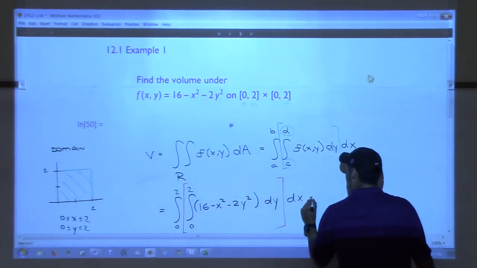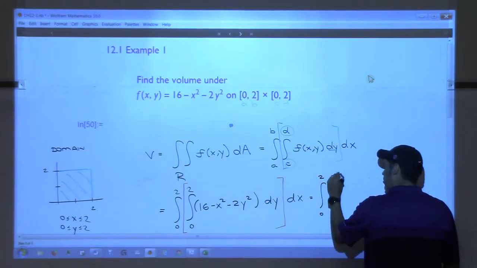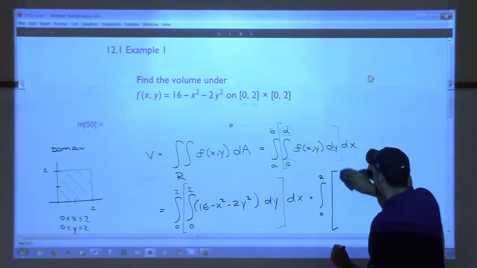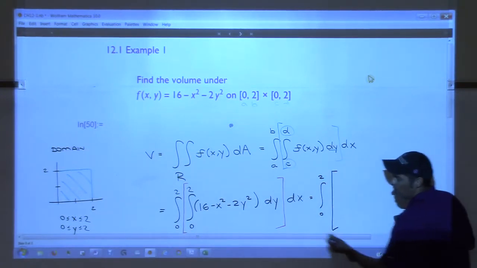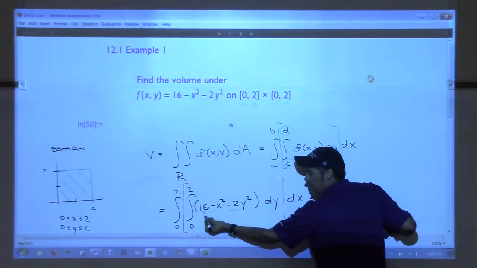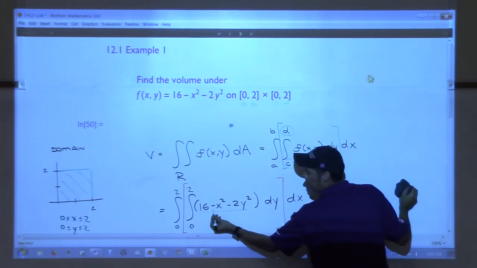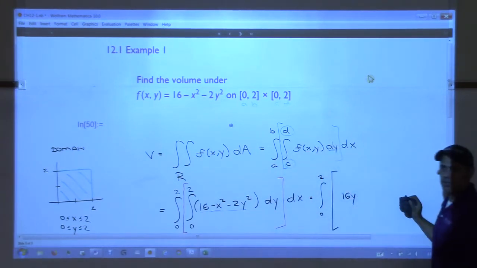I like to do it this way. I still leave the outer integral here, and then I put a bracket and I figure out everything I need to figure out. So what is the antiderivative of this with respect to y? So the antiderivative of 16 with respect to y is 16y, so I'm going to put 16y. And then what is the antiderivative of negative x squared with respect to y?